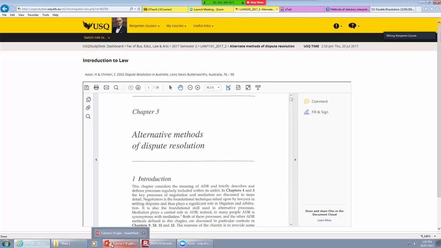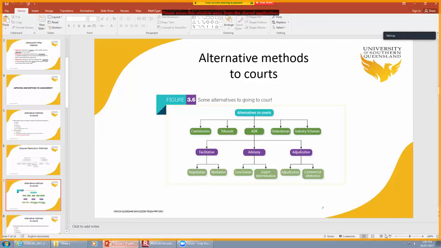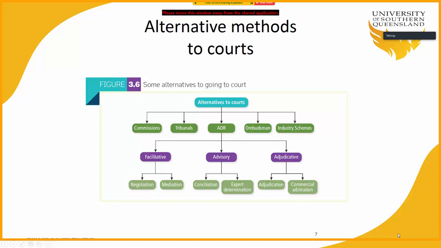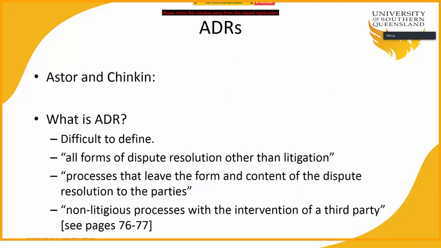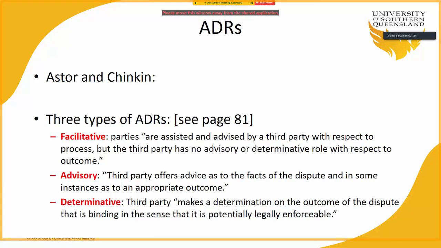This actually gives you more than just what's in the textbook. The textbook talks about only these ones, and this chapter introduces more. This is a summary of that chapter: the definitions, what is an ADR? Not that you have to use it in your assignment, but just to explain what we understand ADRs to represent.